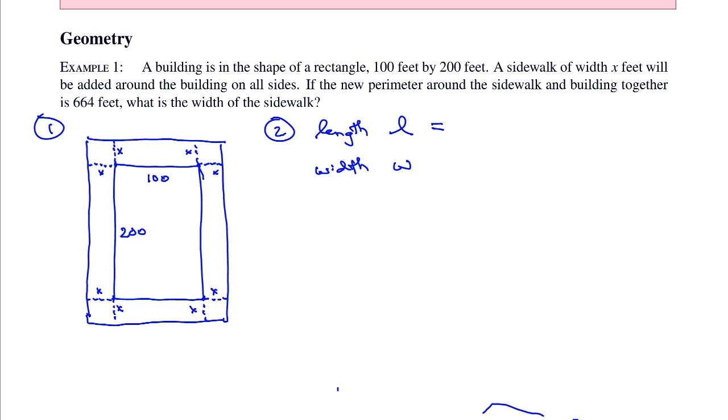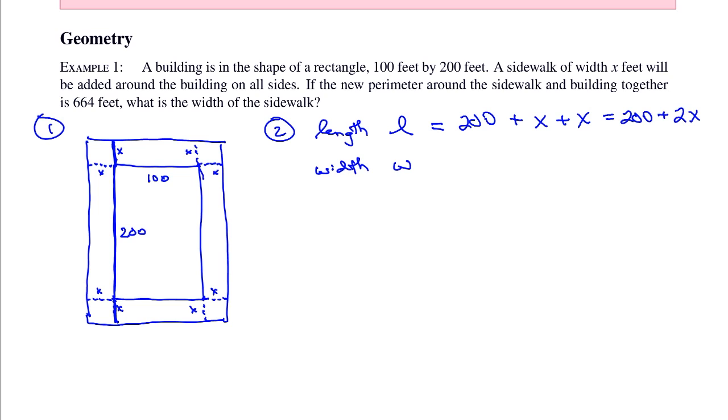So we start with the building itself, and that's 200. But then we're going to add x feet of sidewalk on the top side here, and x feet of sidewalk on the bottom side. So that's going to be 200 plus 2x.